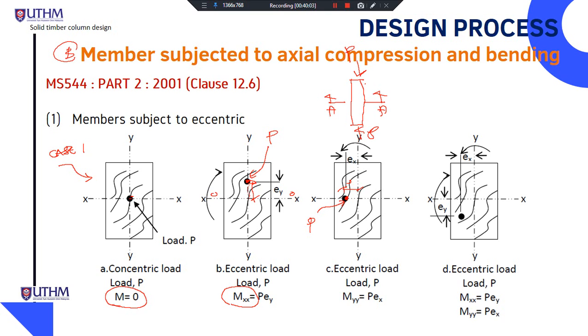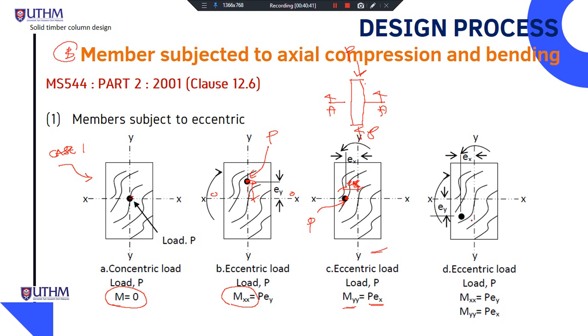So here is the eccentricity in x direction. Once there is eccentricity and loading, it can induce moment. So the moment in this situation is moment in y direction, and it is equal to P multiplied by the eccentricity in x direction.